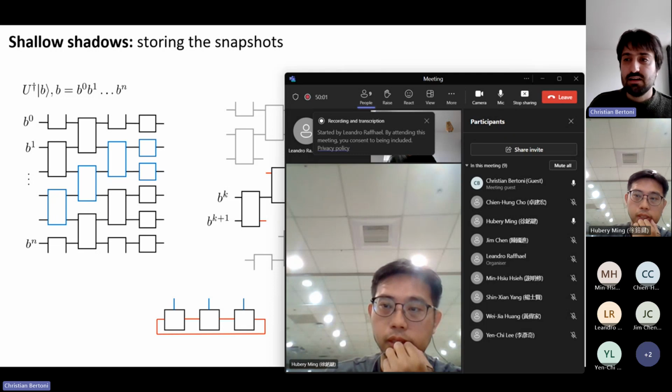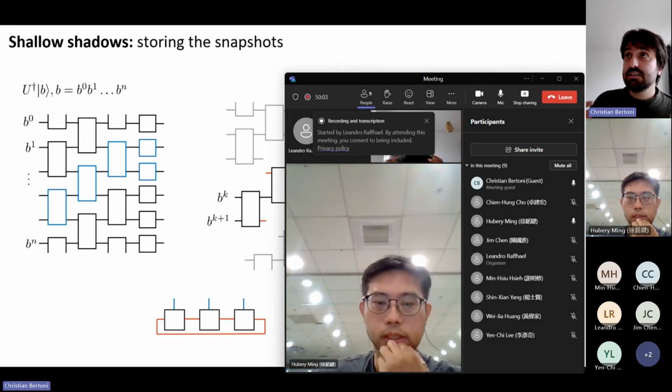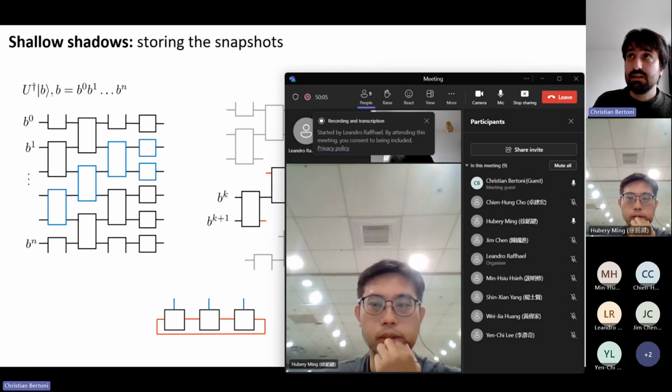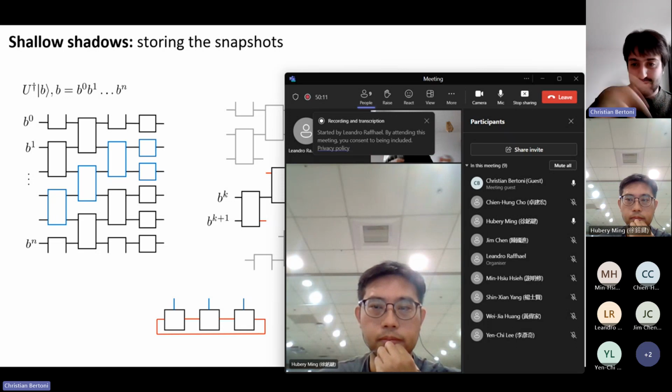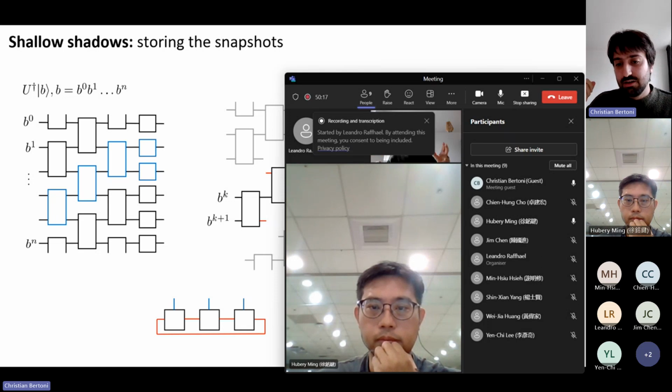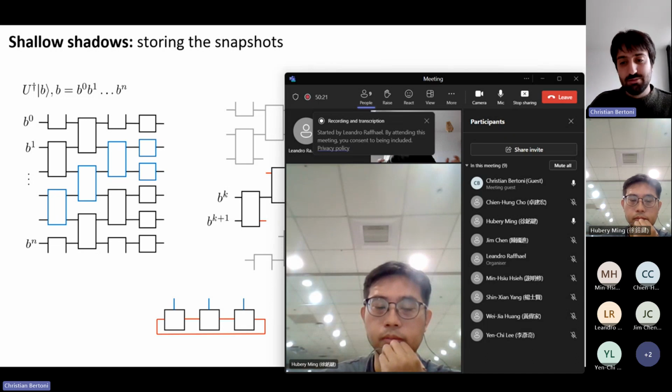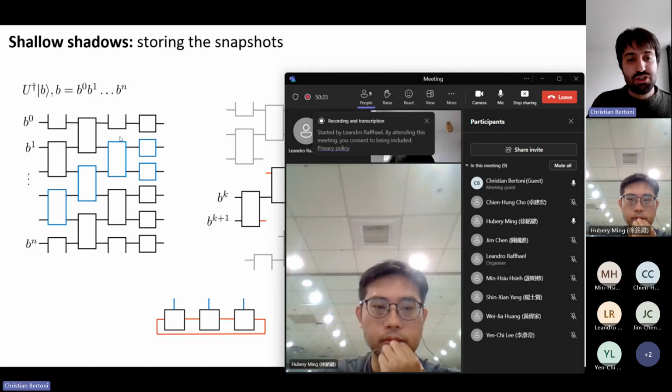No, this does have to do with the original circuit. The rotation plus measurement plus U-dagger rotation back can be seen as a measurement in the basis given by U, that is, U times the computational basis states, and you measure in this basis. What we store here is the post-measurement state.